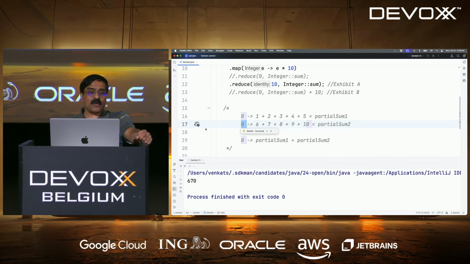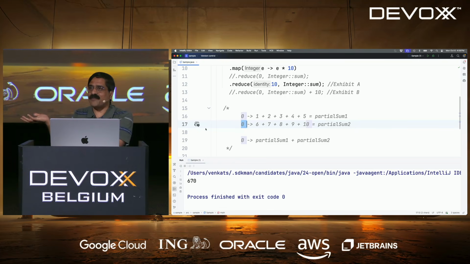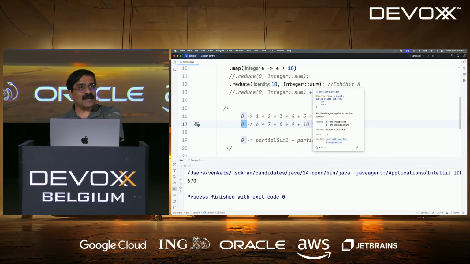And so the first question you want to ask is, is this operation even parallelizable? Just because you have the power to parallelize doesn't mean you can parallelize everything. For example, a reduce with a sum, you can parallelize it.